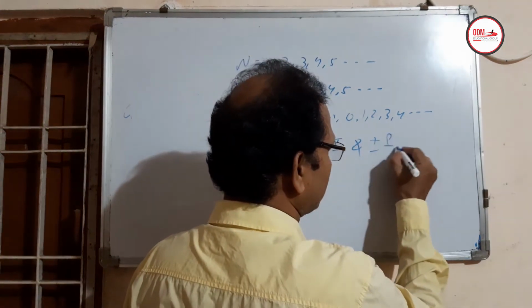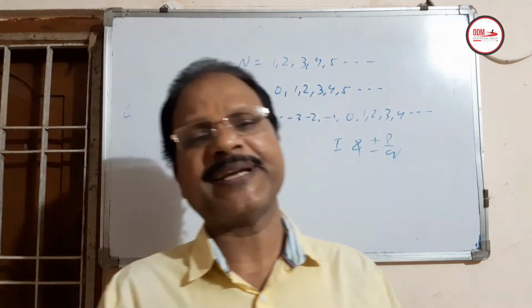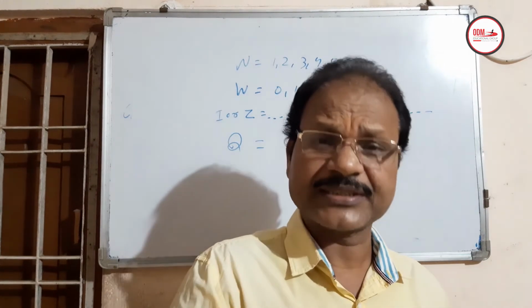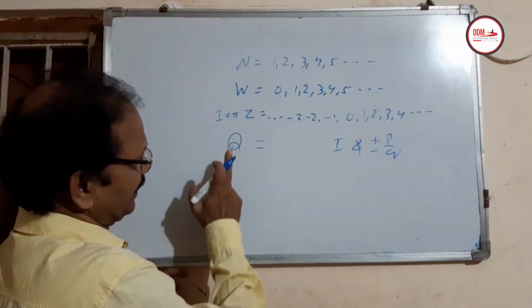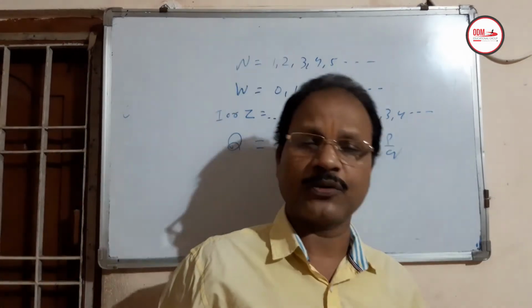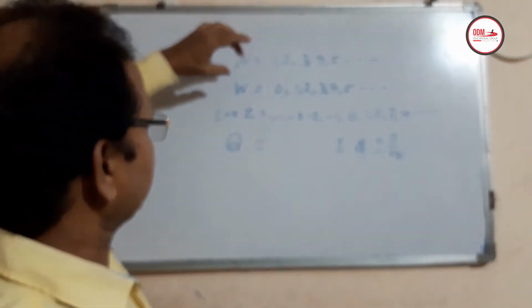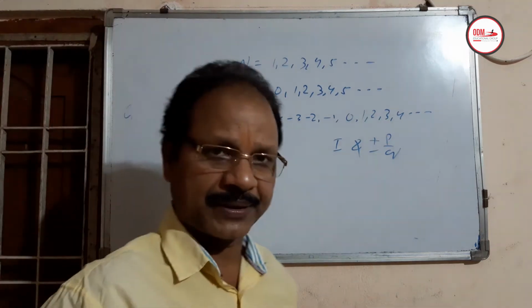Plus minus p by q means 2 by 3, minus 2 by 3, 4 by 5, minus 4 by 5, 10 by 3, minus 10 by 3. These are the fractions. So now you see, rational numbers contain all integers together with all fractions. It is another set of numbers.